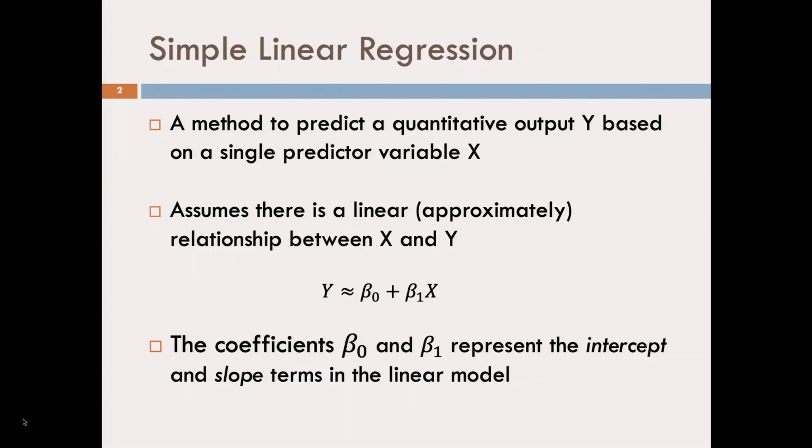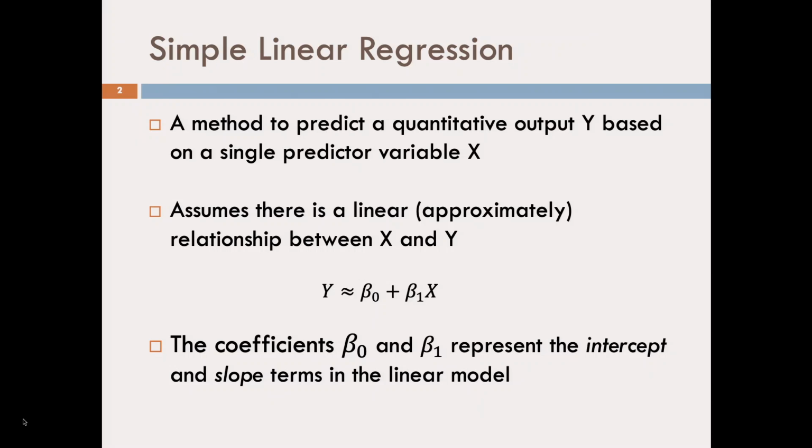So the first thing we are going to remember is what a simple linear regression is, okay? It's a method that we use to predict a quantitative output, let's say y, based on a single predictor variable, x. So we have to assume there is a linear or approximately linear relationship between variables, see? And then we are going to find this relationship.